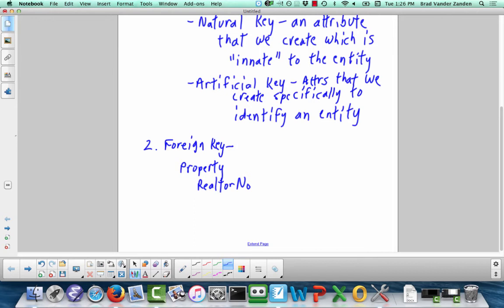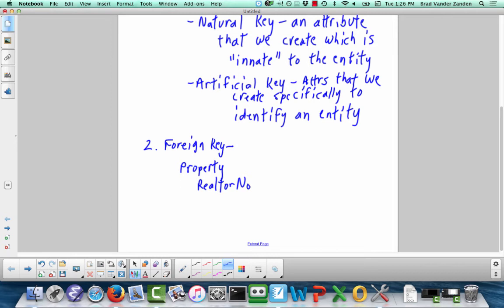So instead of repeating all the information about the realtor in the property record, instead of saying the realtor's name is Brad Vander Zanden at 1678 Cardiff Road, we just say the person who manages this property, their number is 386.